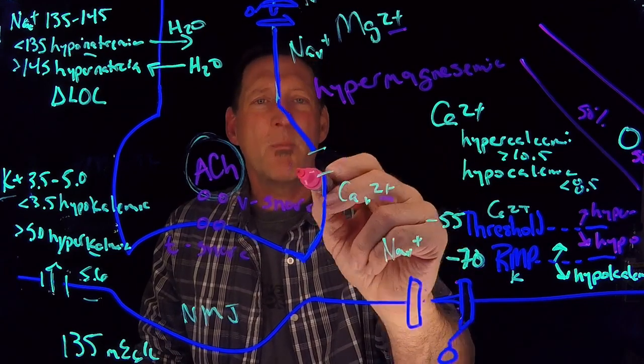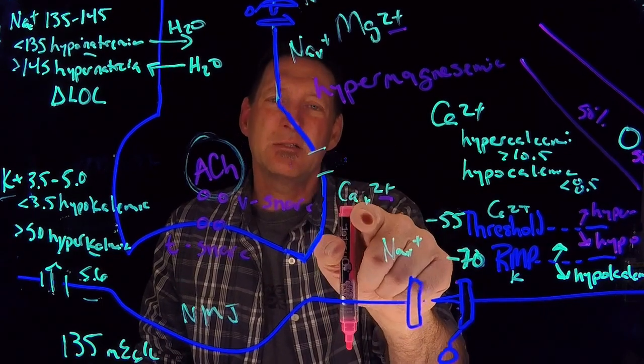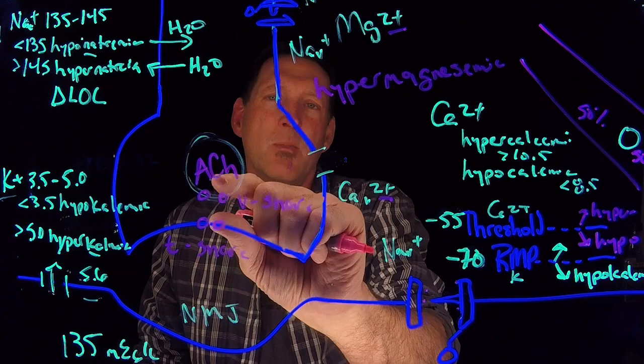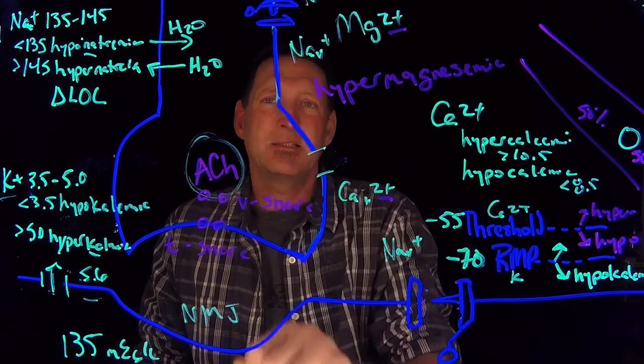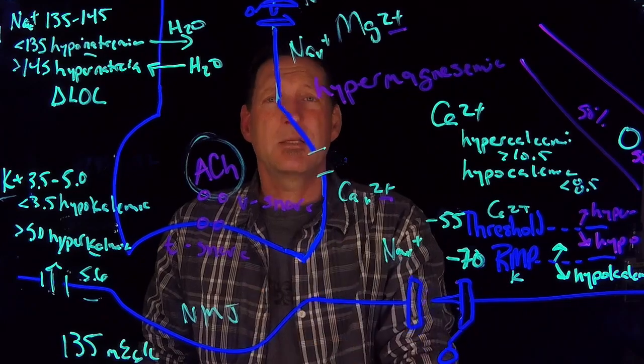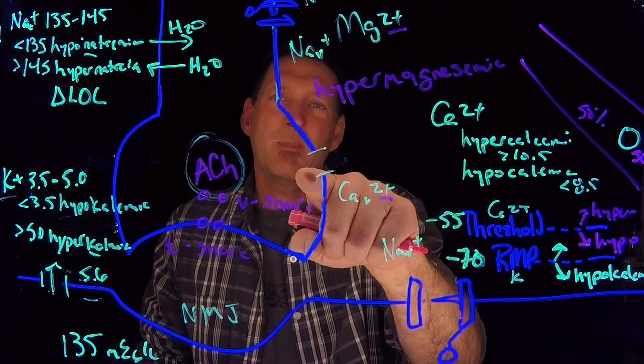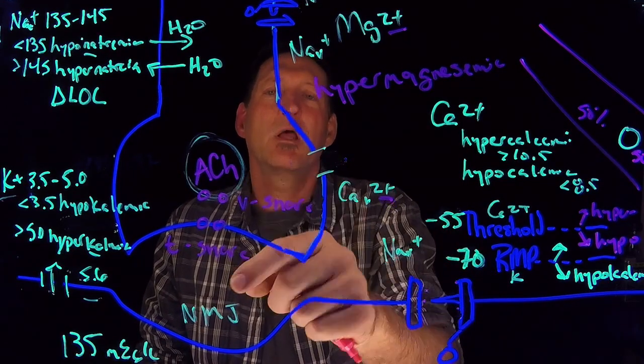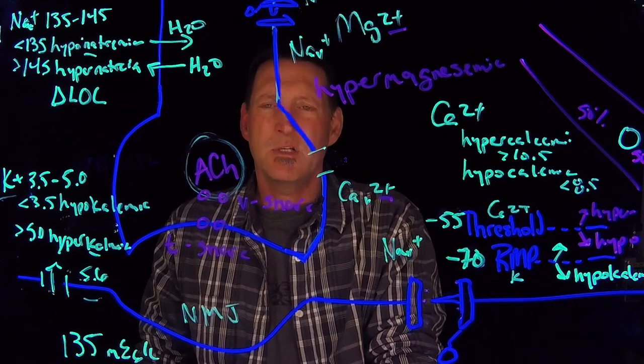And so I have more magnesium coming in and less calcium coming in, so I don't dock my neurotransmitter and I'm releasing less ACh. On the other hand, if I have hypomagnesemia, I have less magnesium coming in, more calcium coming in, and what's happening is I'm releasing more neurotransmitter.